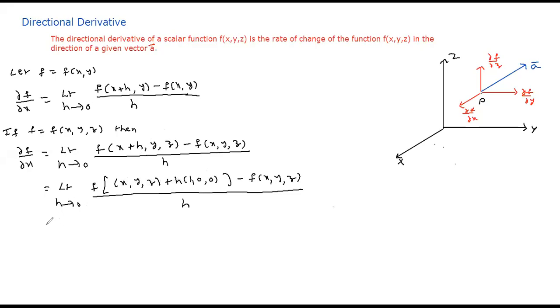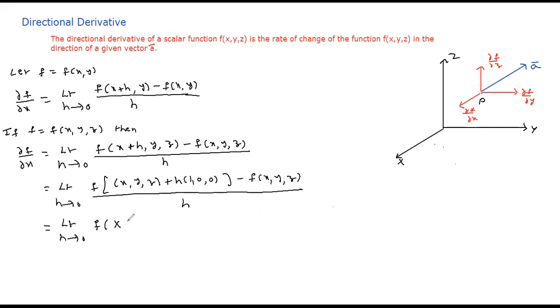Now limit h tending to 0. I'll call this xyz triplet as capital X. Last class, the introductory class, I said your input variable is x, which can be two-dimensional or three-dimensional. In this case the input is two-dimensional. In this case the input vector is three-dimensional, right?